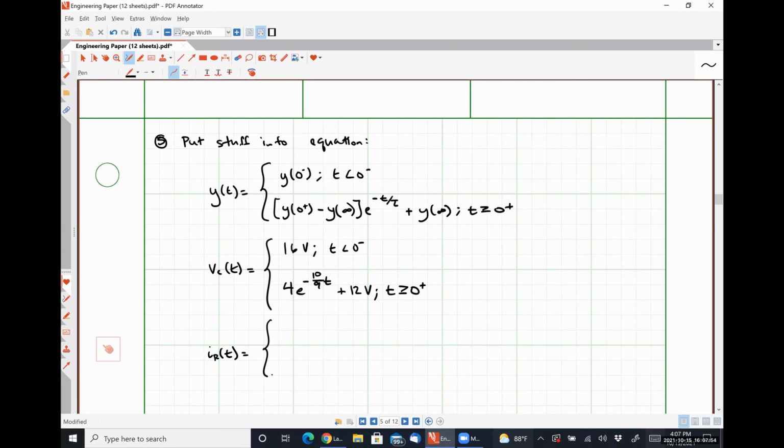Yeah, go back through your 5 pages of working this problem. 2 milliamps for t less than 0 minus. Okay. What was it at t is equal to 0 plus? I think it changed. 1.722. All right, so 1.722, let's write that down here.